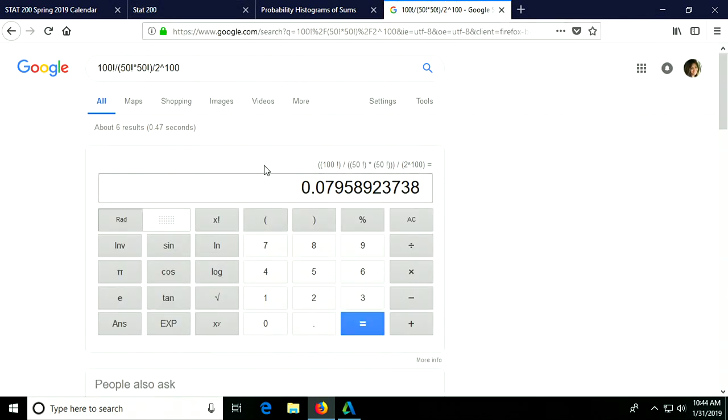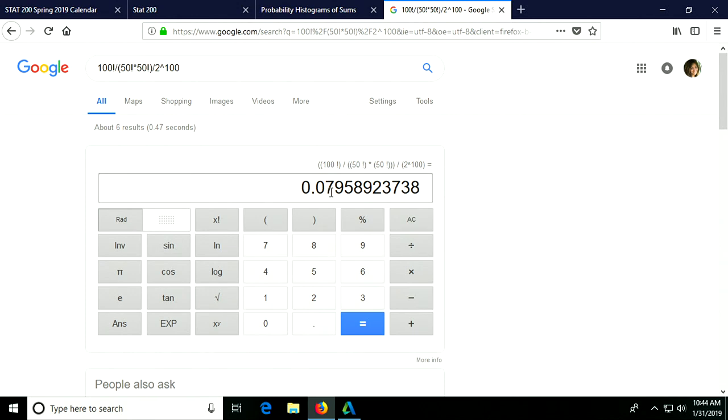Let's see what we get. We get 0.0795. So remember that. Our chart gave us something very close.